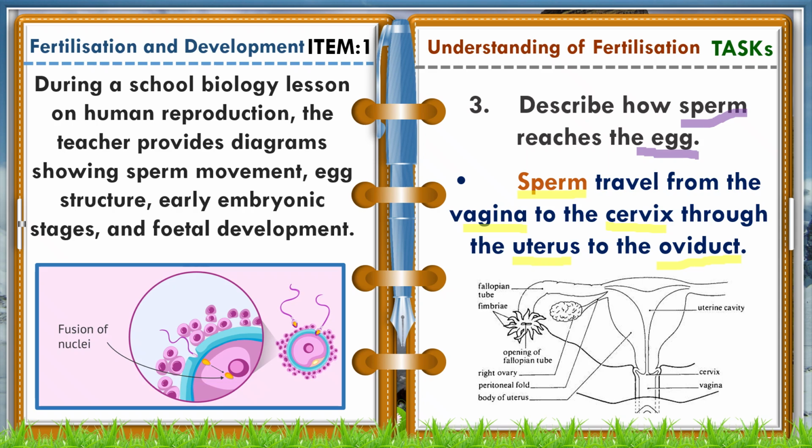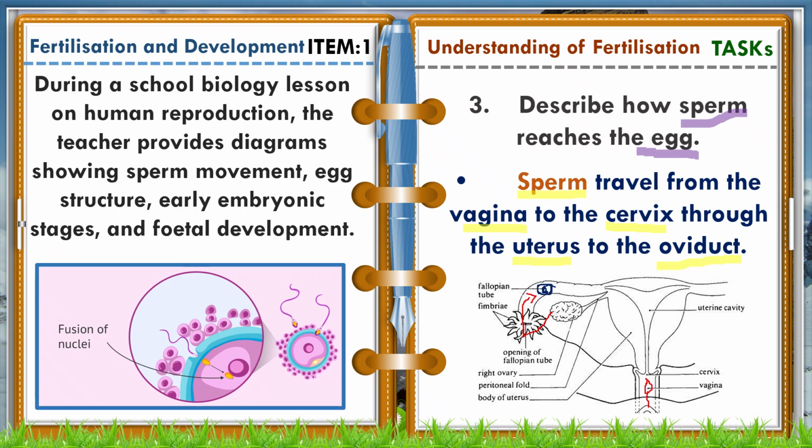So we know that when the egg is produced, it is produced in the ovary, released from the ovary, and it enters into the fallopian tube. And when it is in the fallopian tube, it is there in the oviduct. Now the sperm will enter through the vagina here.